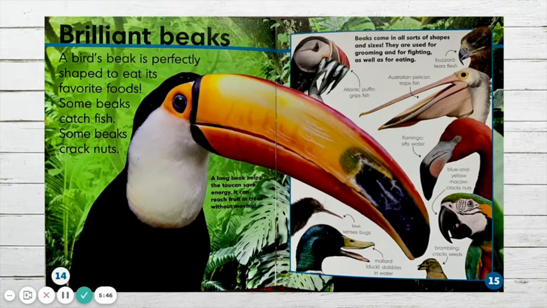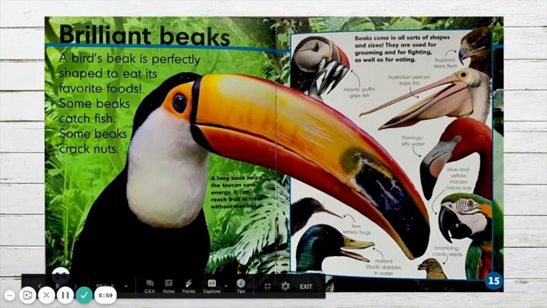It makes it more interesting. It's a good descriptive adjective. And I'm thinking that the beaks on these pages are all different, and they're probably used smartly. Let's read these 2 pages, and then we'll look for some text features.